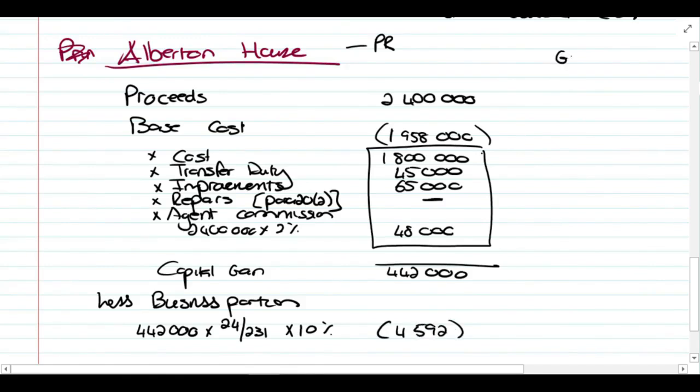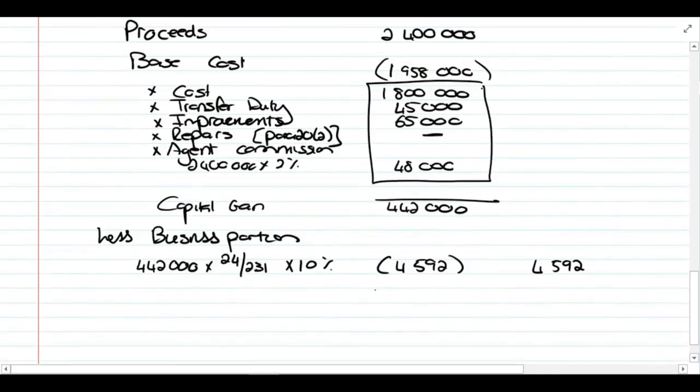Now, if this was my CGT column, my rands column, that 4,592 would immediately go into the CGT column because we are getting taxed on it. Now, this 437,408 is everything else. This is the capital gain on the primary residence.